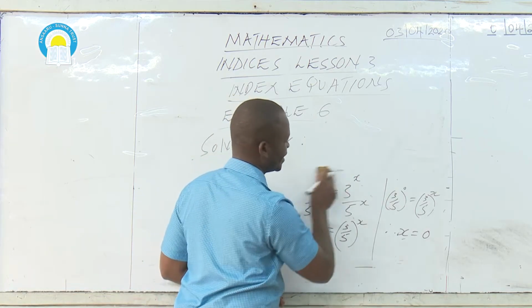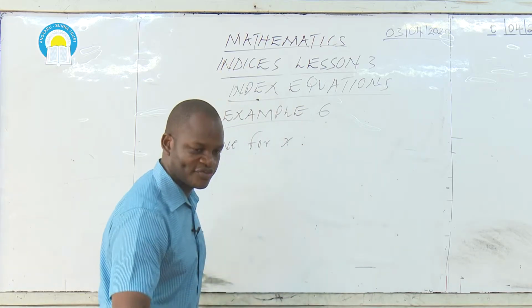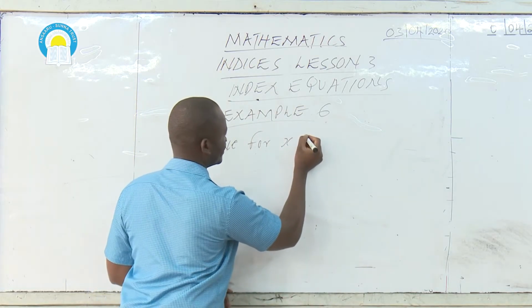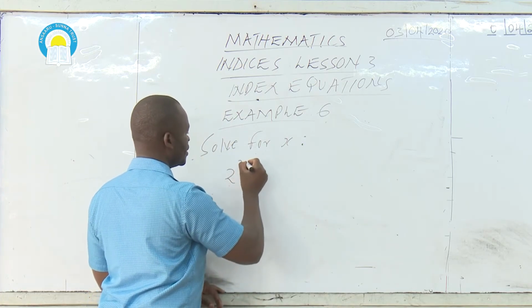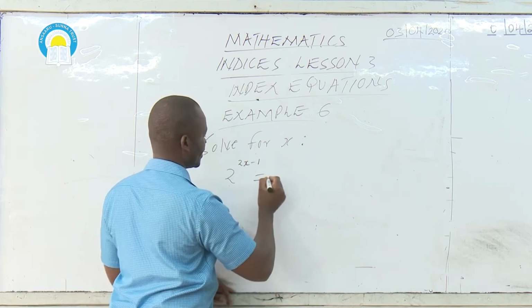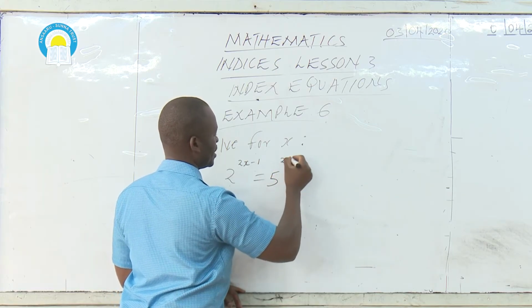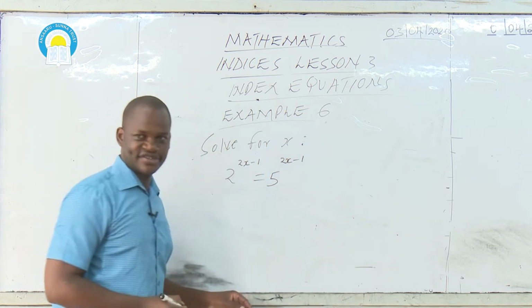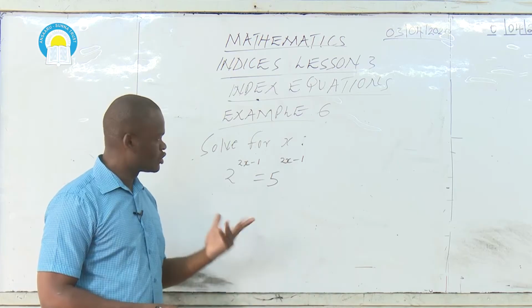Example number 6, this is the question. Solve for x. And this is the equation. 2 power 2x minus 1 is equal to 5 power 2x minus 1. So what do we do here? I've given you two approaches.